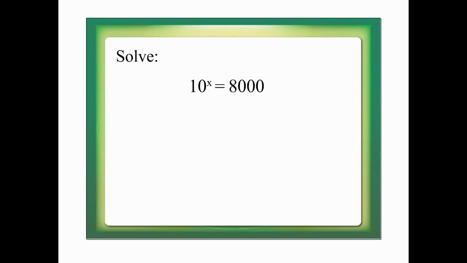Now, remember that a common log is something that has a base 10, which makes life pretty easy here. If I just take the common log of 10 to the x equals 8,000, I get log base 10 of 10 to the x gives us x.